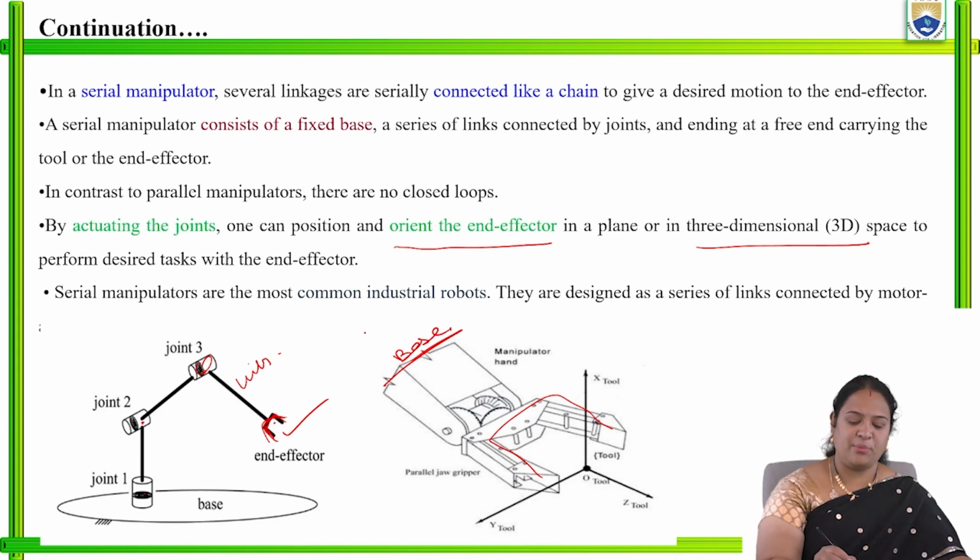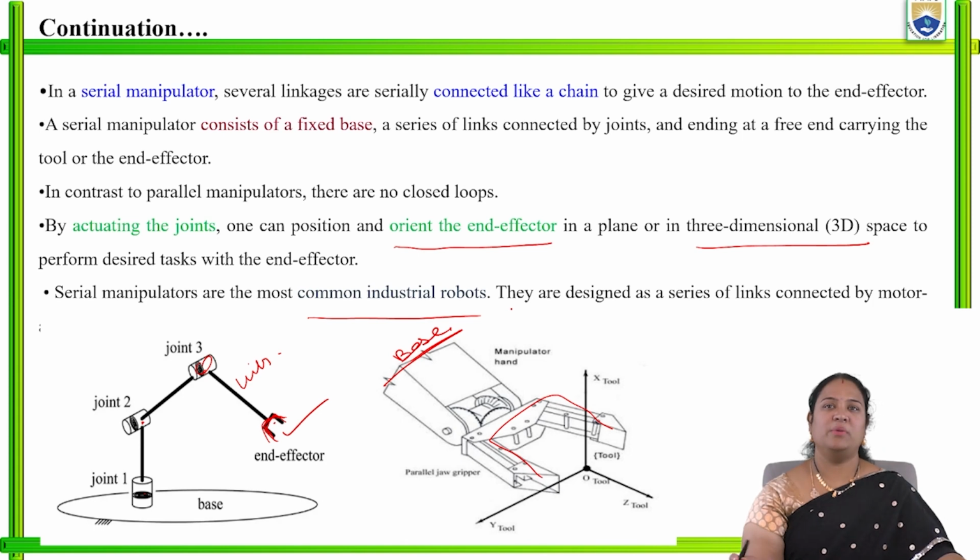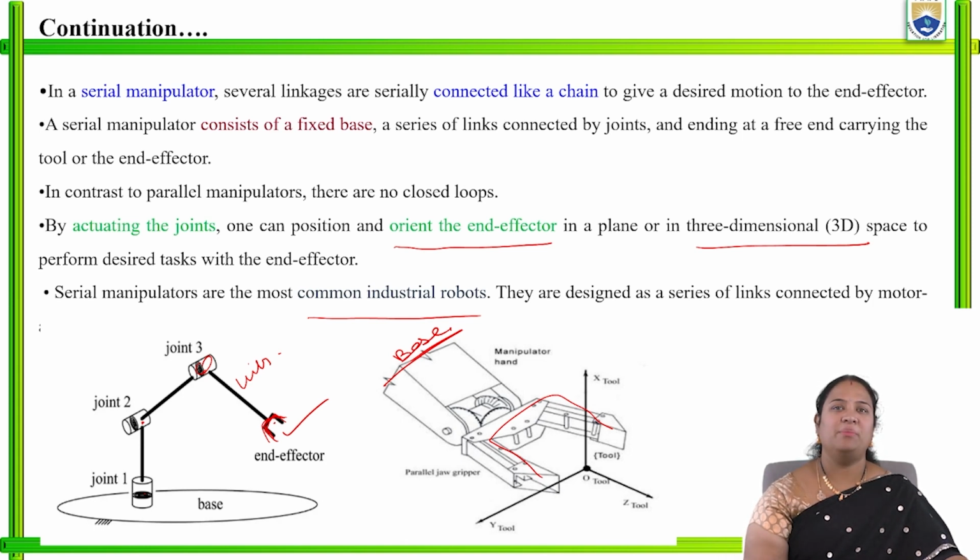Mostly, this particular type of robot is used for industrial purposes. Right, the serial manipulator type of robots are generally common in industrial robots, and they are designed as a series of links connected with the help of motors. Right.